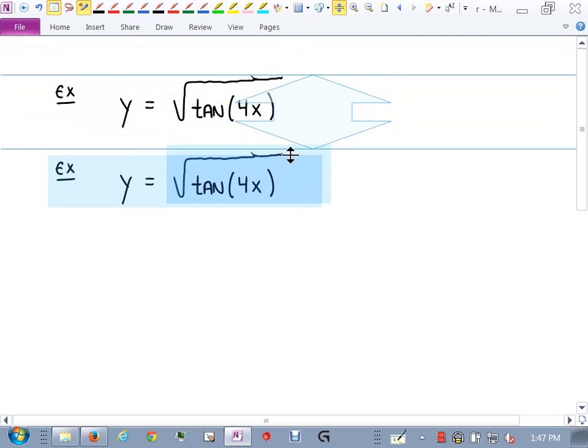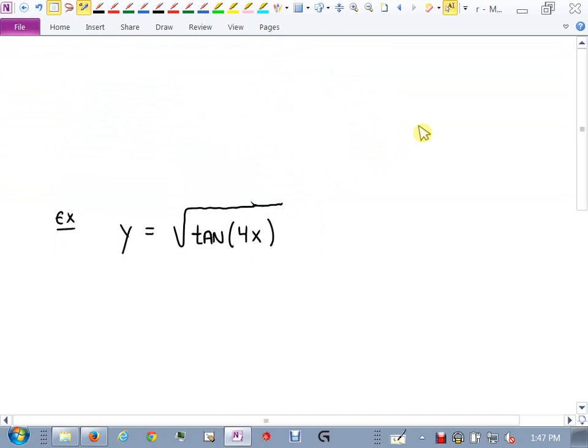All right, so let's try something else. Y equals the square root of tangent of 4x.